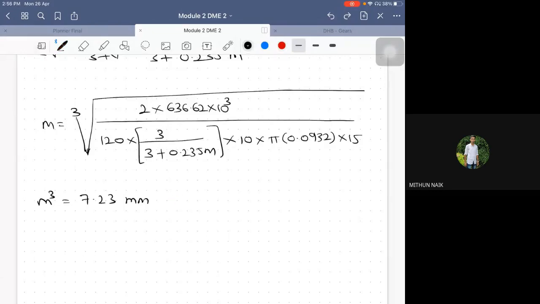Now, just write here one sentence. It's not m cube, by the way, it's just m.